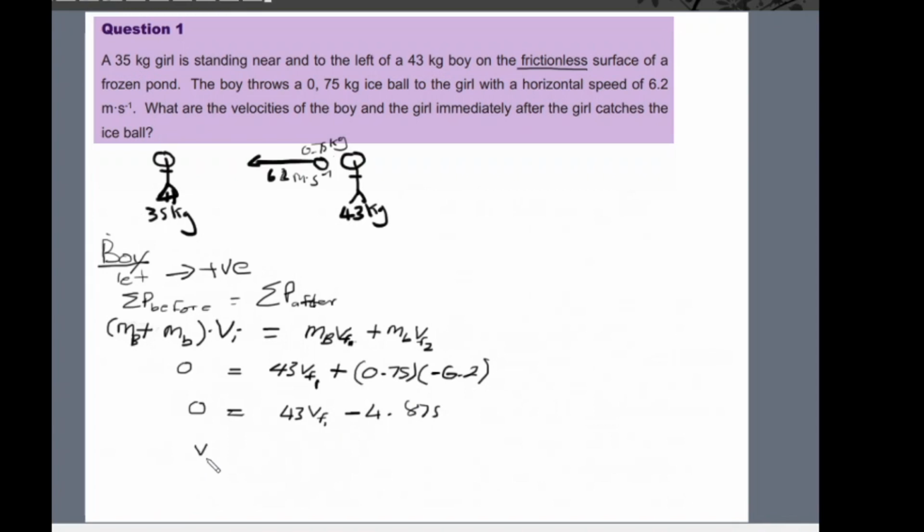So vf1 is equal to 43 divided by 4.875, which is equal to... oops, no, it's a mistake, it's the other way around.